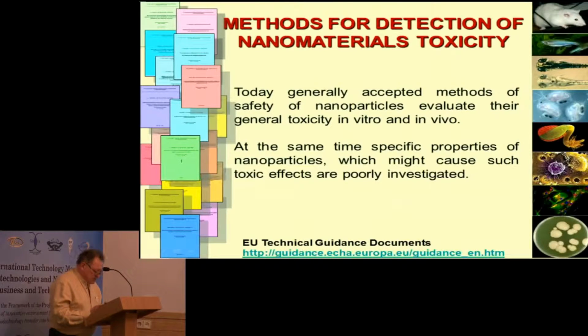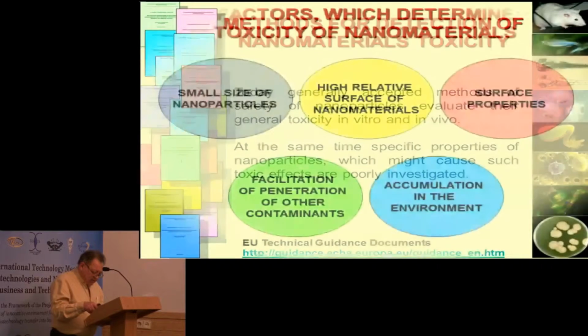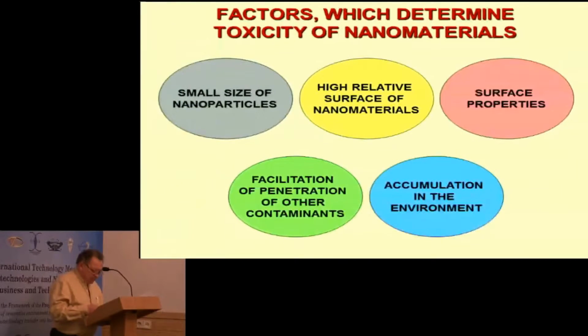The available safety methods are aimed mainly at appraising toxicity both in vitro and in vivo, but specific properties of the particles that can influence the development of toxic effects are not considered.